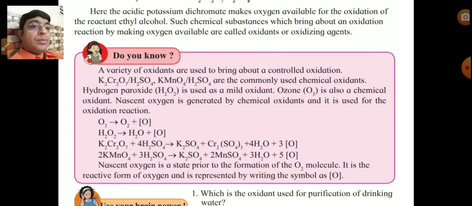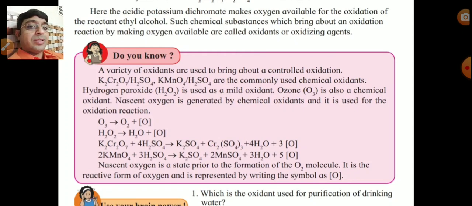A variety of oxidants are used to bring about a controlled oxidation. Some examples are given. First one is K2Cr2O7 with H2SO4, potassium dichromate in presence of sulfuric acid. KMnO4 in H2SO4, that is potassium permanganate in acidic condition, are the commonly used chemical oxidants.